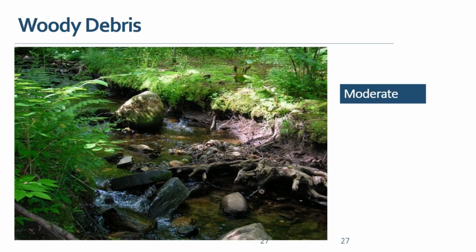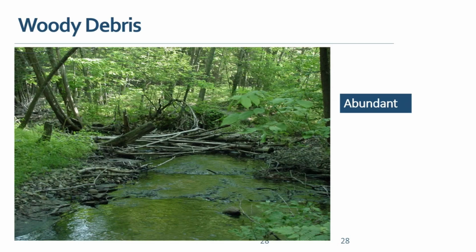In this picture, and again, we're looking at our whole 100 meters, not just one little picture that I can illustrate on the slide, there are some roots in the stream, and I would call this moderate. This stream shows an abundant amount of woody debris. You can see a bunch of logs and branches that had fallen into the stream, some roots, some trees whose roots are hanging down in the stream over here.